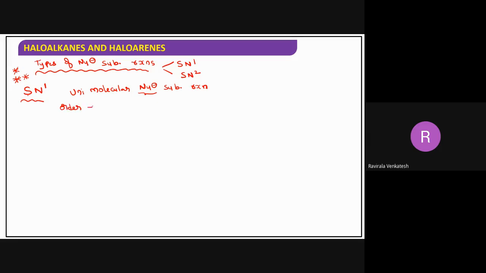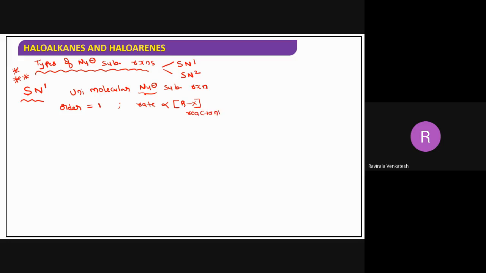For example, rate is directly proportional to alkyl halide. That means the rate of the reaction does not depend upon the reagent. It depends only on the reactant.